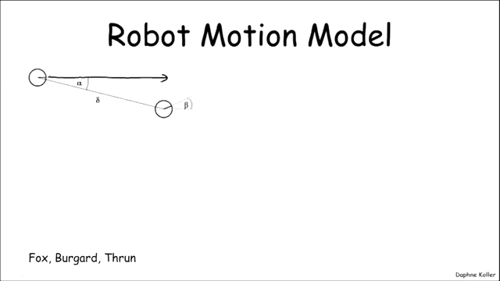And the answer is, it's a little bit tricky because robots actually have a heading, and there's a certain uncertainty over alpha, which is a difference between where they think they're going and where they're actually going. And then there's also noise on the distance delta that they think they moved.